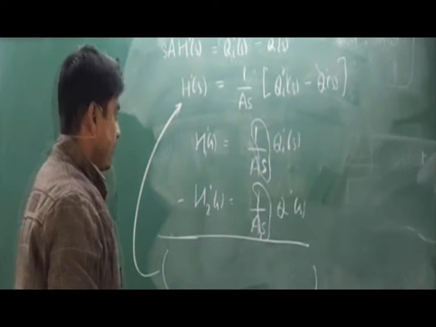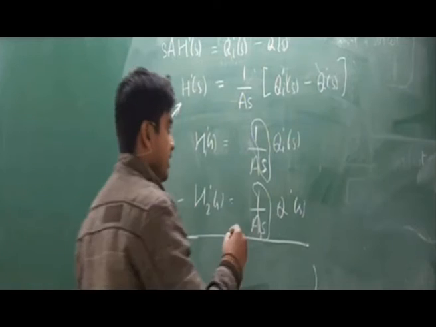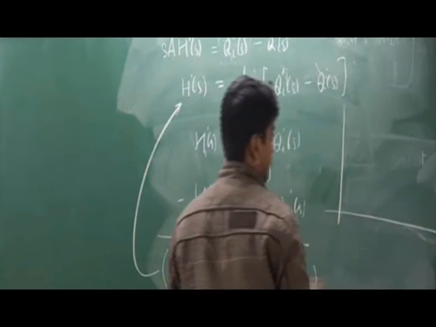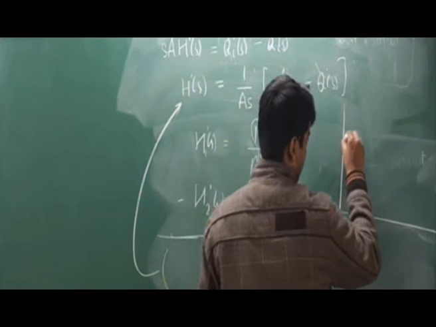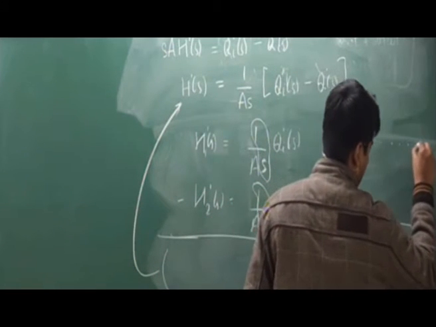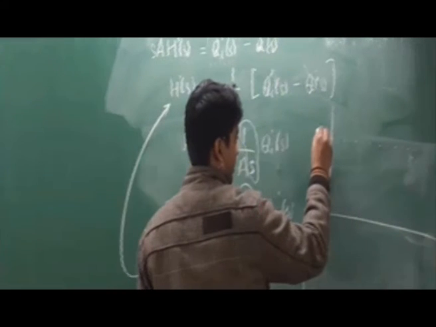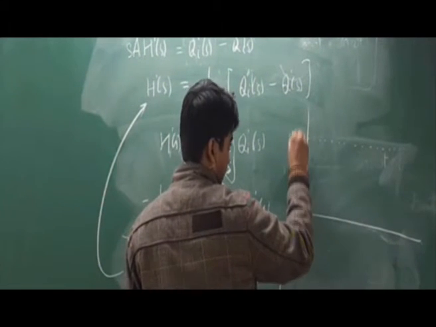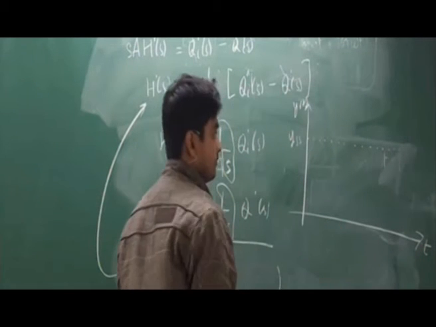Why? What do you mean by the steady state gain? So let's say if I draw a signal, and this I call the steady state value of some system, Yss. This is time.